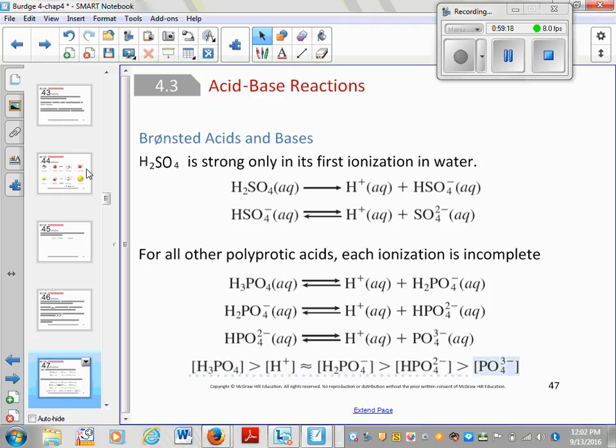When we get to chapter 152, we'll work out all the numbers for that. Phosphoric acid is weak all the way, each ionization. The first one is stronger than the second, which is stronger than the third. We really haven't talked about the double arrow and equilibrium, but we'll get to that.